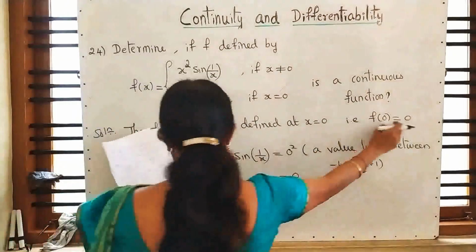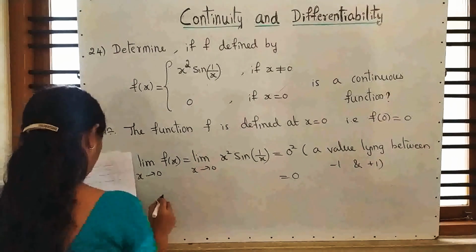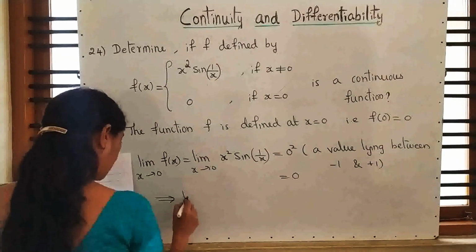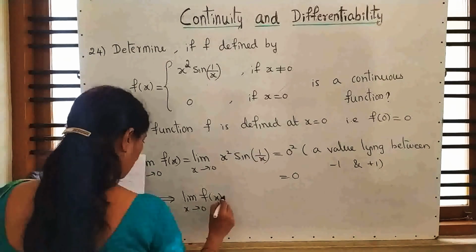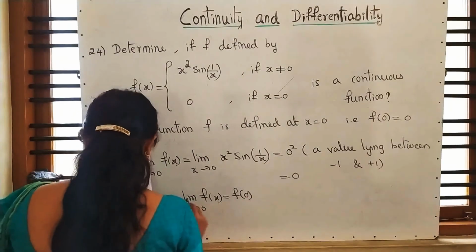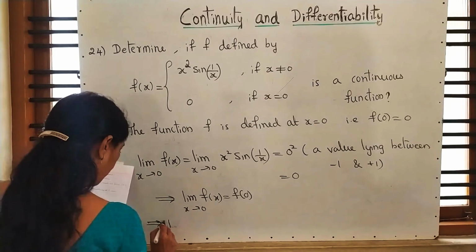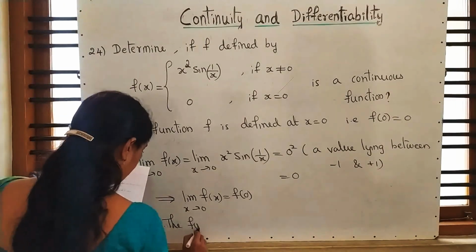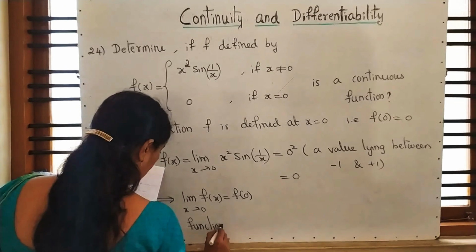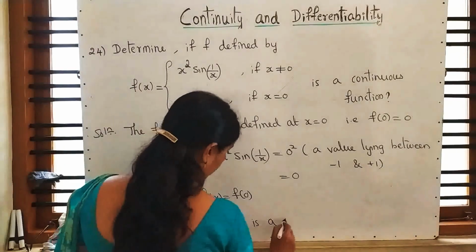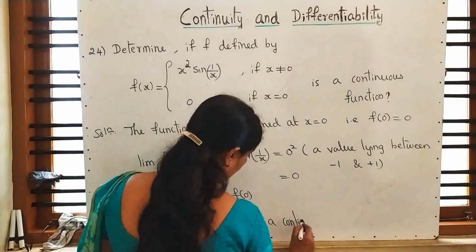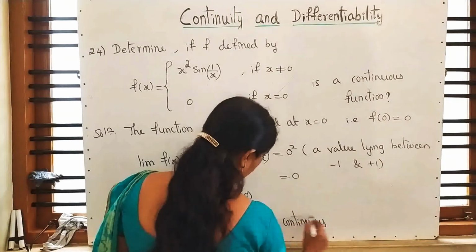And what is f of 0? That is also 0. This implies limit f of x as x tends to 0 is f of 0. Therefore, the function f is a continuous function.